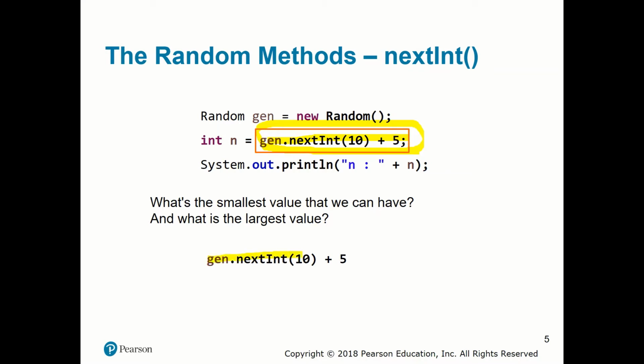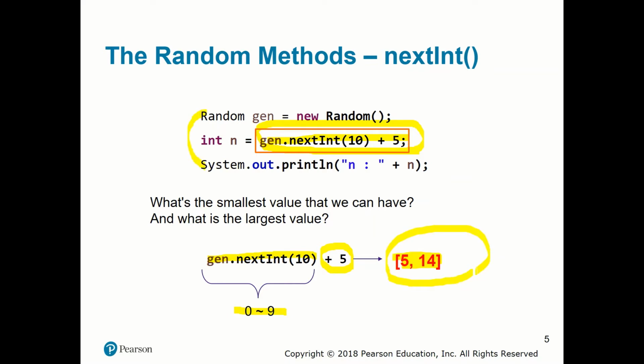Since this can generate from 0 to 9, and then we add 5, finally we can have from 5 to 14. Okay, from 0 to 9 plus 5 becomes 5 to 14. So if we run the code, we will get a result between these two numbers.